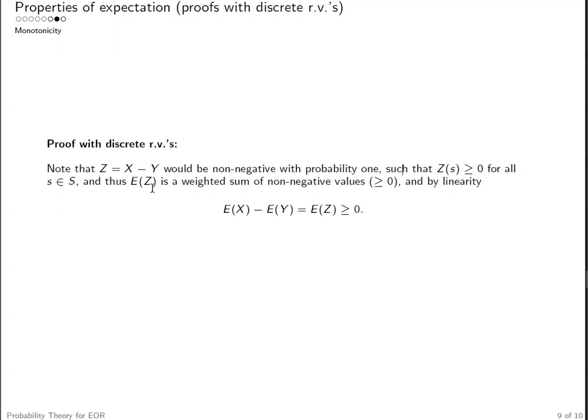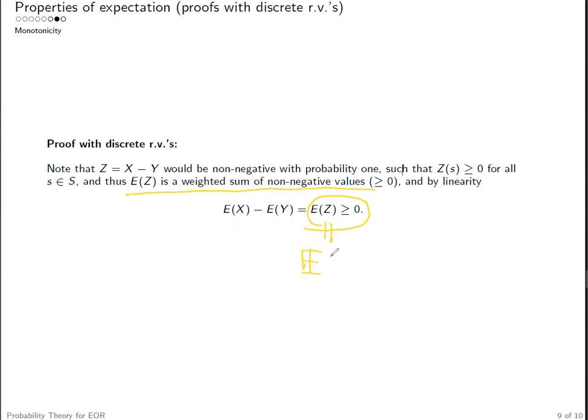So according to the definition of expectation of a discrete random variable, the expected value of Z is essentially a weighted sum of non-negative values. Then the expectation of Z is apparently going to be larger or equal to 0.